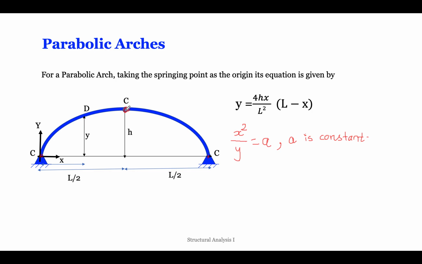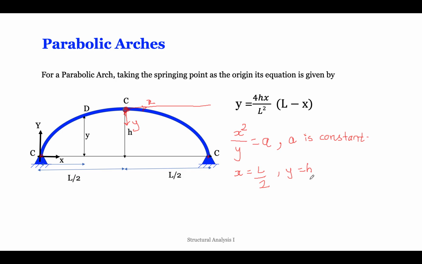What will be the distance here? This is already given as h, this is our x, and this is y. If we consider the crown as the origin, then x equals L by 2 and y will be equal to h, because it is at the crown.